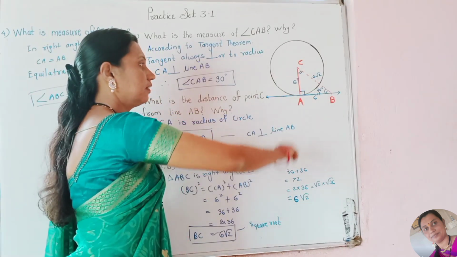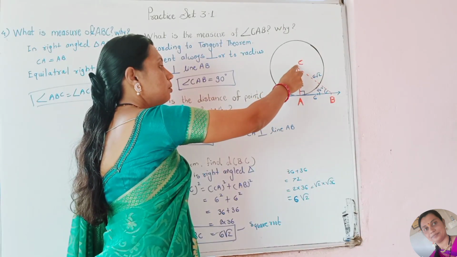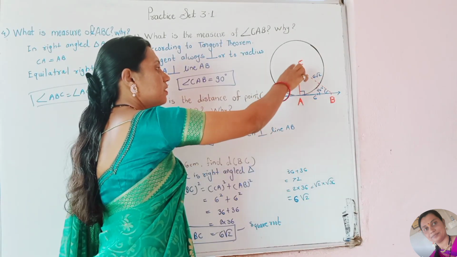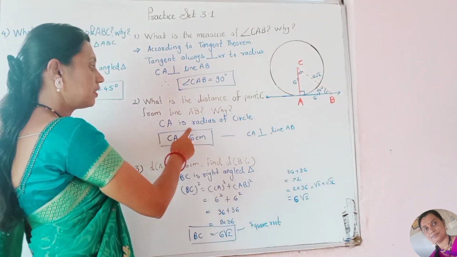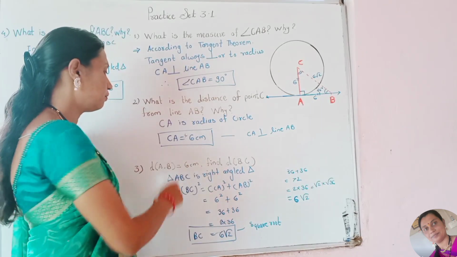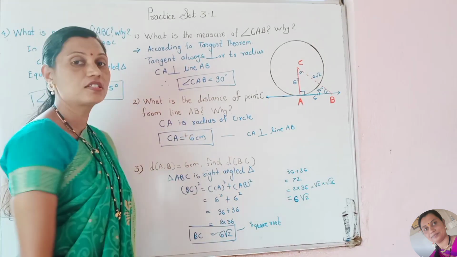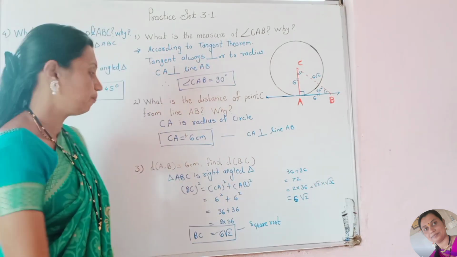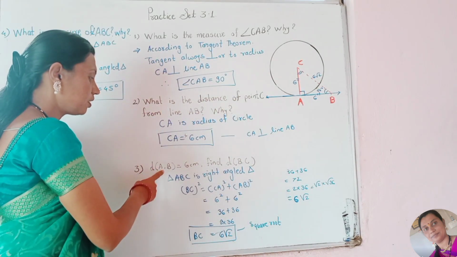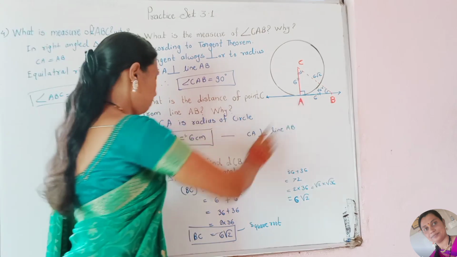Therefore, the distance between C and A, that is segment CA, is equal to 6 centimeter, because CA is perpendicular to line AB.